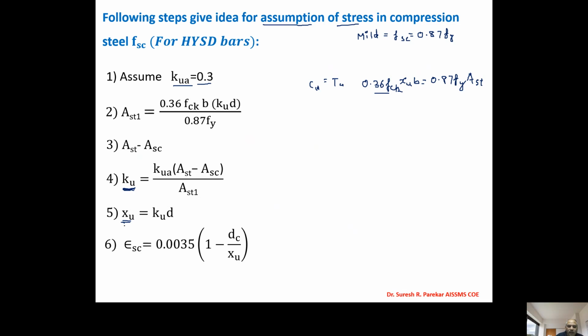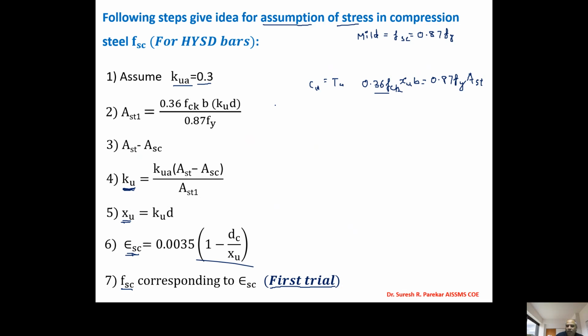Knowing this value of XU, we can calculate epsilon SC by using this formula 0.0035 minus dc upon XU. And corresponding to this epsilon SC, we are going to get the value of FSC from the table, and that we have to consider as the first trial. If we go with these steps, then generally we need not go for more than 2 trials. Most of the problems you can solve with 1 trial only.